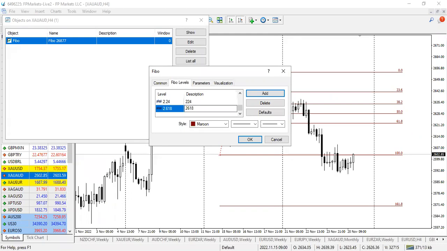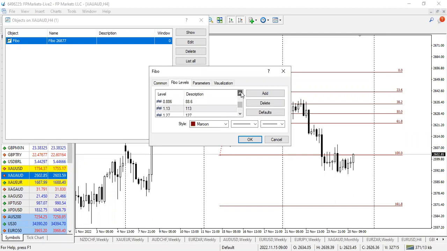All right, 261.8. And then I add again 3.618, and here I have 361.8. Okay, and I think that's the last of the Fibonacci numbers.